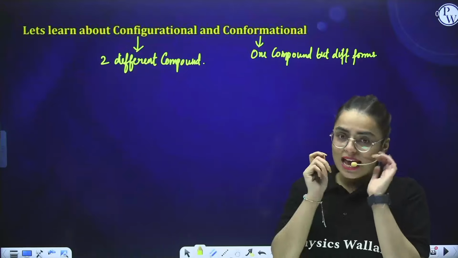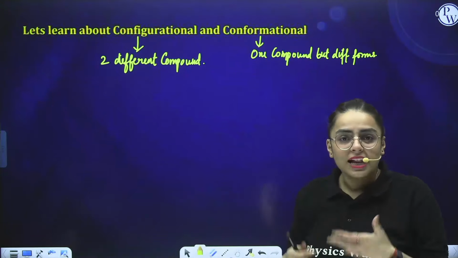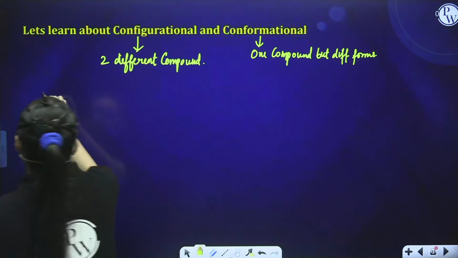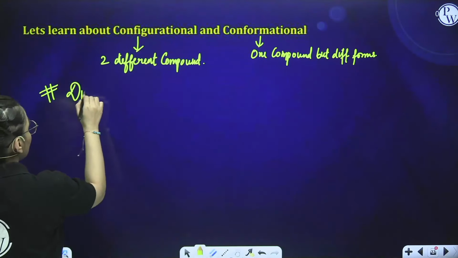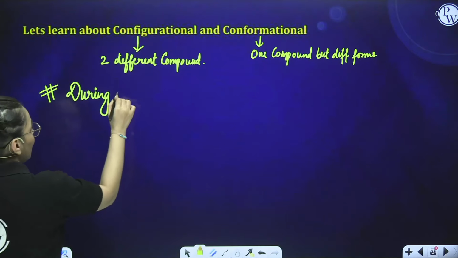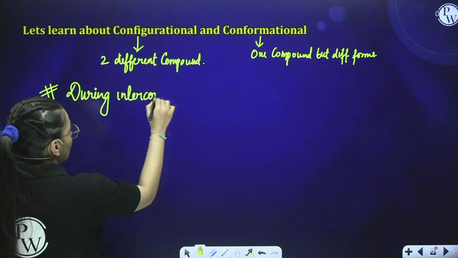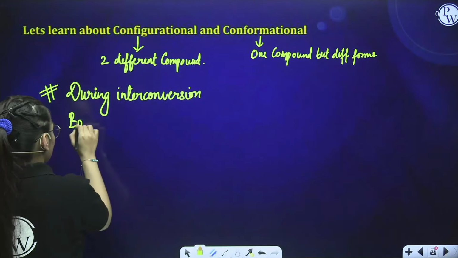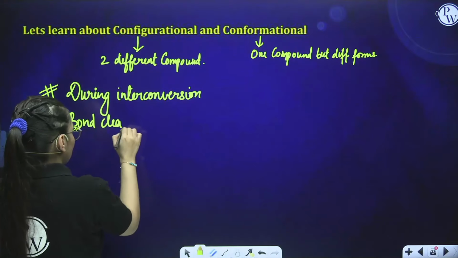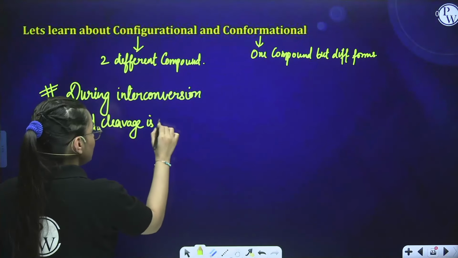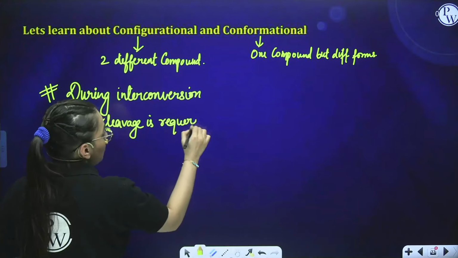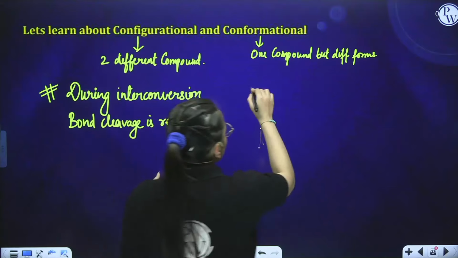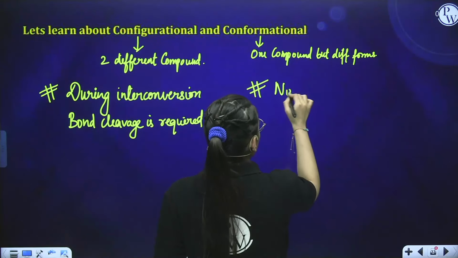Don't get confused. I am going to take one example which will help you determine what is configurational and what is conformational. So here I am saying that during interconversion, bond cleavage, or bond breaking, is required. Cleavage refers to bond breaking, right? And here no bond breaking is required.